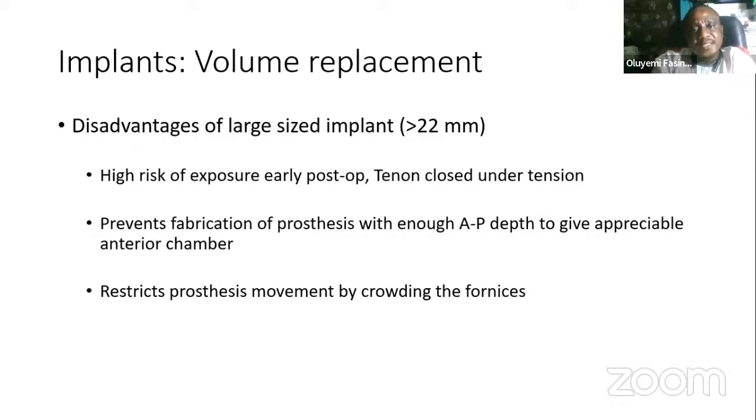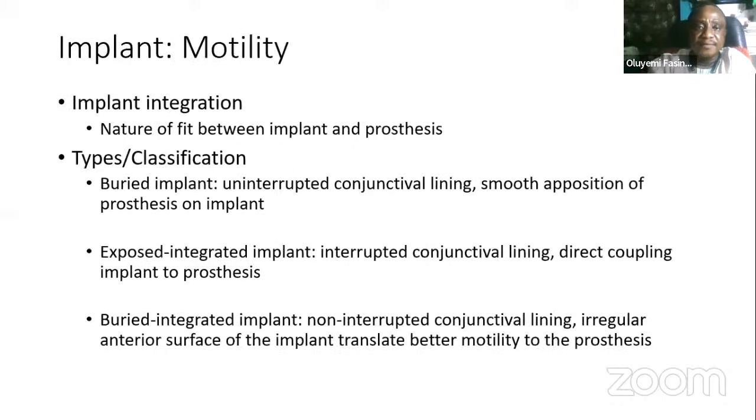Too large an implant will also prevent fabrication of prostheses with enough AP depth to give an appreciable anterior chamber perception. Also, if the implant size is too large, it restricts prosthesis movements, because the large implant will crowd the fornices, and as such, movement of the prosthesis is going to be impaired in this individual.